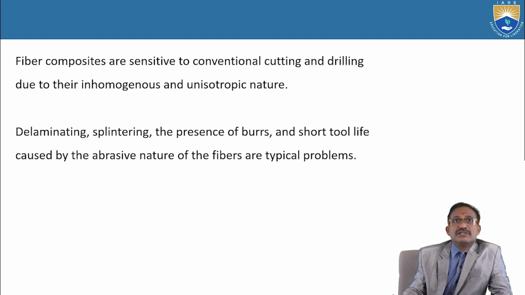Next, fiber composites are sensitive to conventional cutting and drilling due to their inhomogeneous and anisotropic nature.